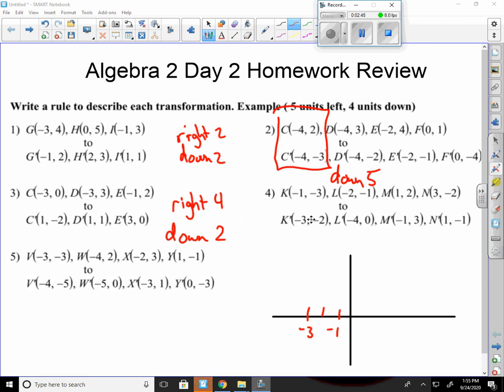Number 4, -1 to -3 means I go left 2. Then from -3 to -2, up 1. Number 5, going from -3 to -4 means I go left 1. From -3 to -5 is down 2. That's it.